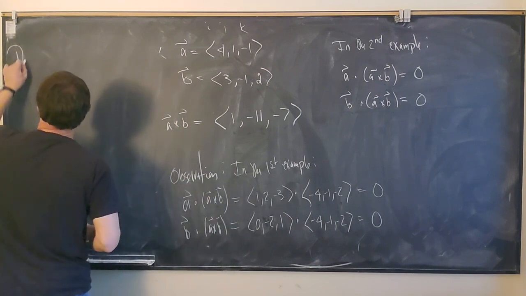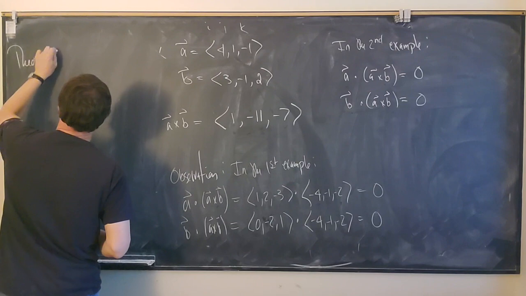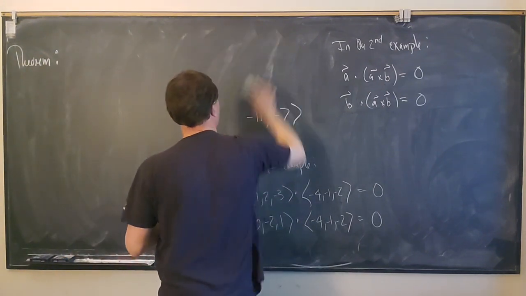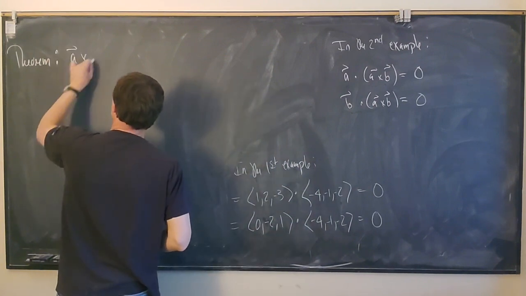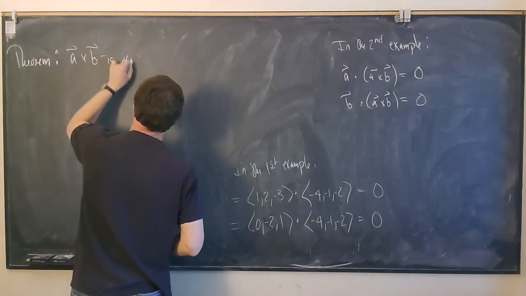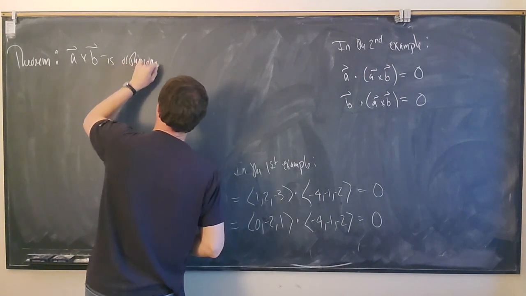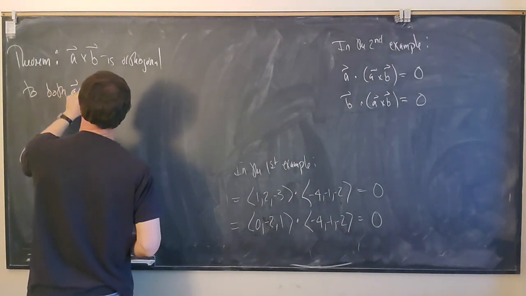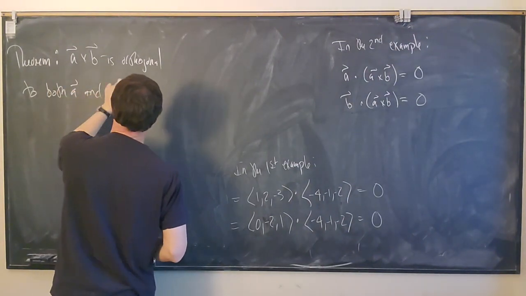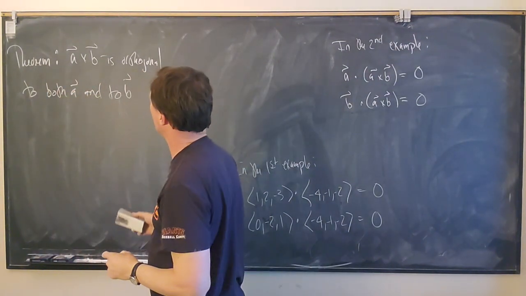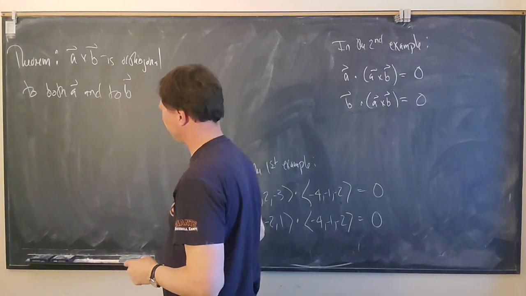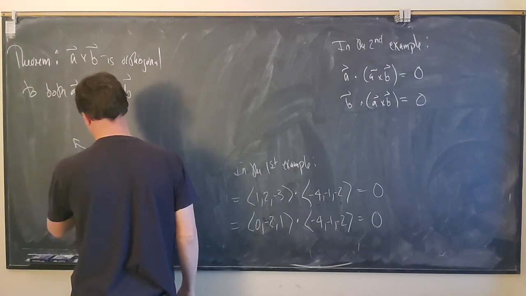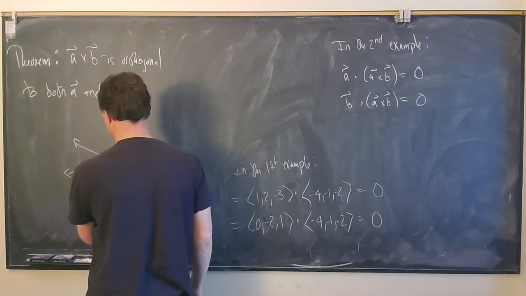So we're going to write that as a theorem. It is always true that A cross B is orthogonal to both A and to B. The picture is something like this.